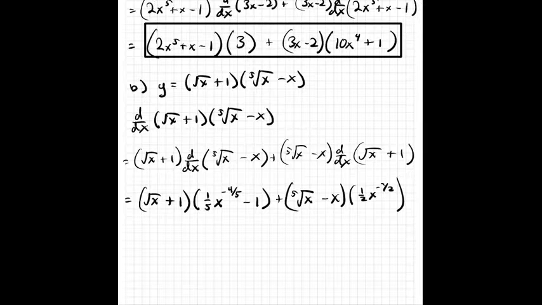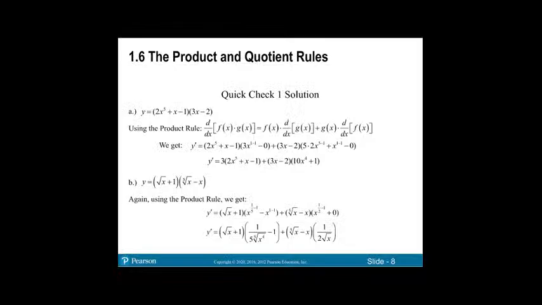Let me see if they left it like this or did they write it as a radical. Yeah, so let's go ahead and write it as a radical. So then we'll get root x plus 1. That's going to be 5 times the fifth root of x to the 4 under 1, minus 1 plus the fifth root of x minus x, 2 root x under 1.